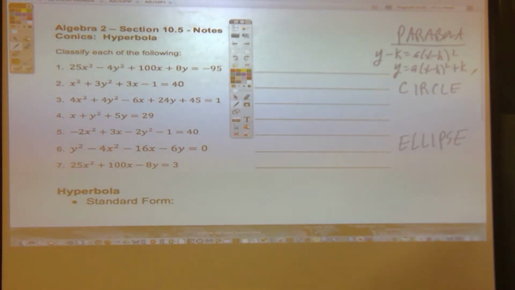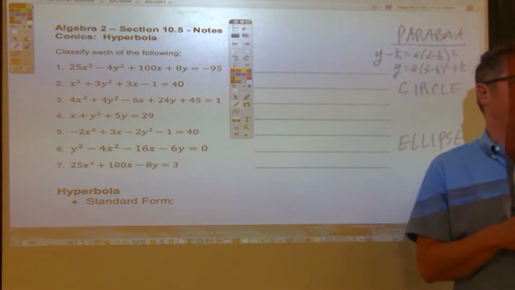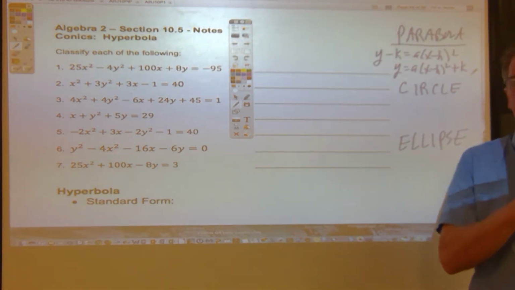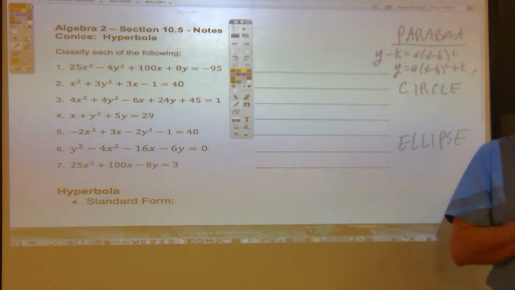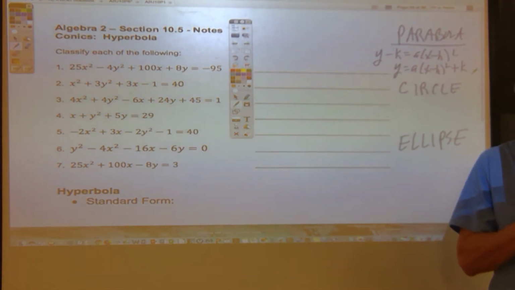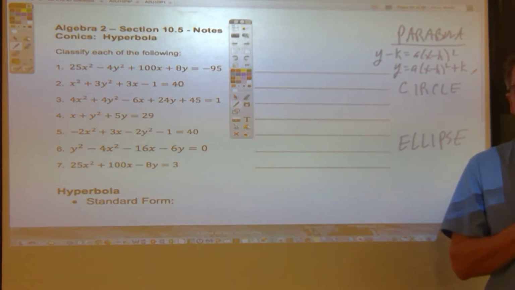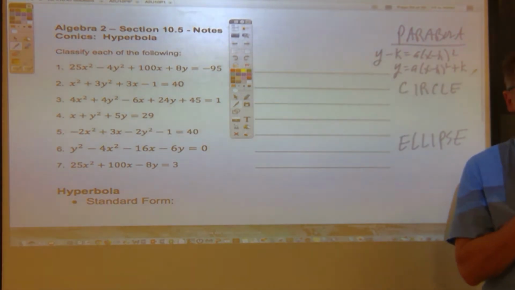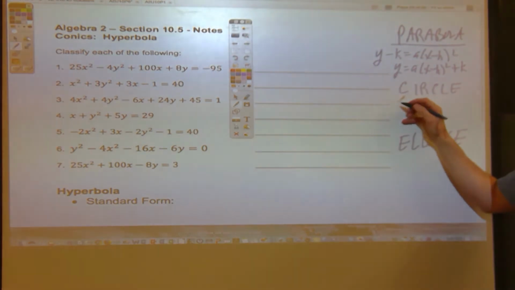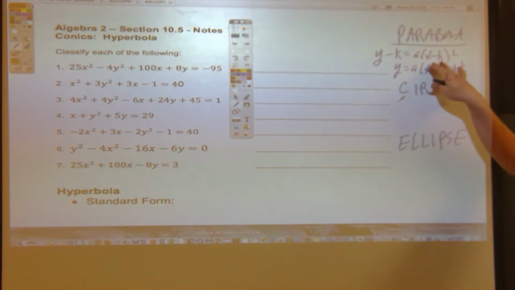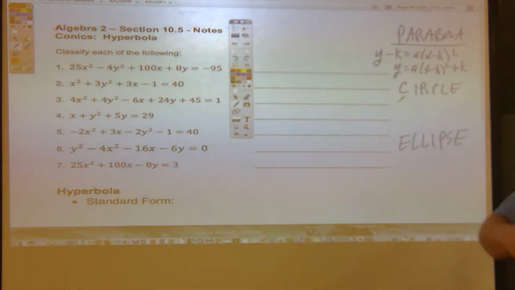How about for a circle? What is the standard form of the conic which we refer to as a circle? Volunteer for this one. Just a little hint. It's got a lowercase r in it. Well, Jack, do you want to give it a go? I mean, it'll have an x minus h. So think circle.